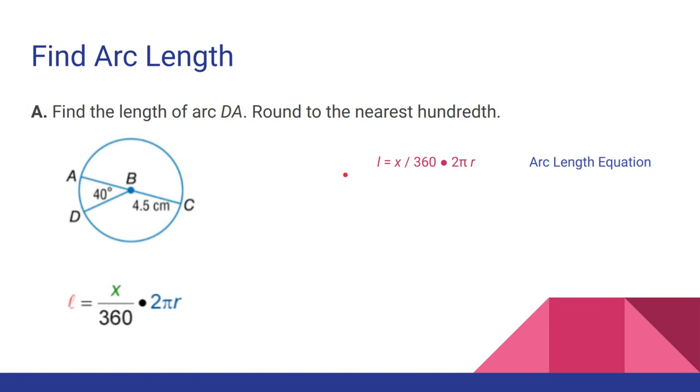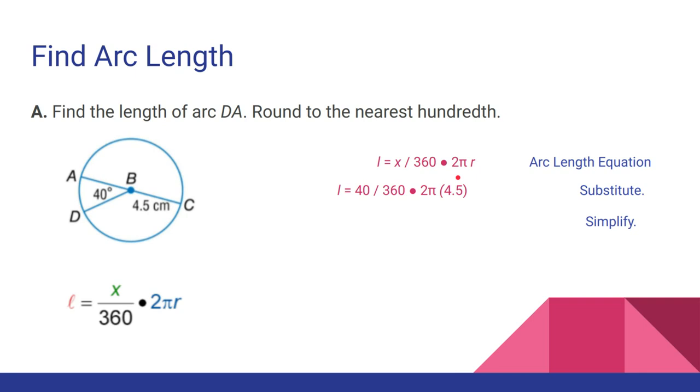So we have L, which is arc length, equals our angle measure divided by 360 times the circumference. I'm going to plug in and substitute my values. So L is going to equal 40 divided by 360 times 2 pi times 4.5, because 40 is my angle measure that I'm given and 4.5 is my radius.